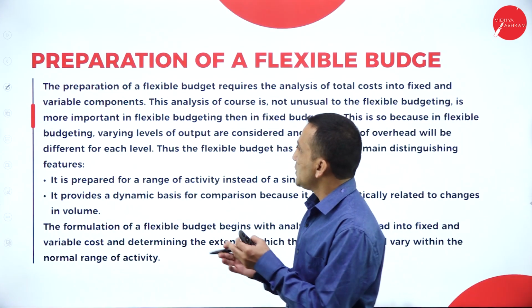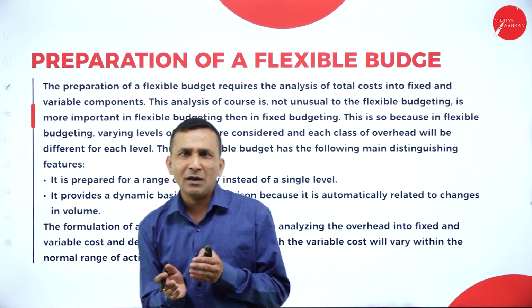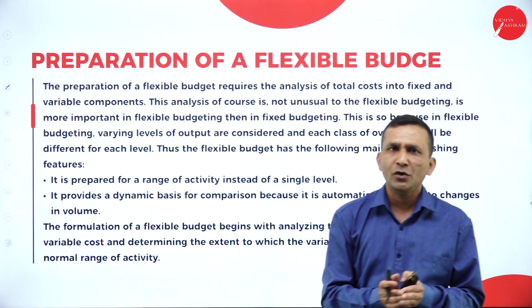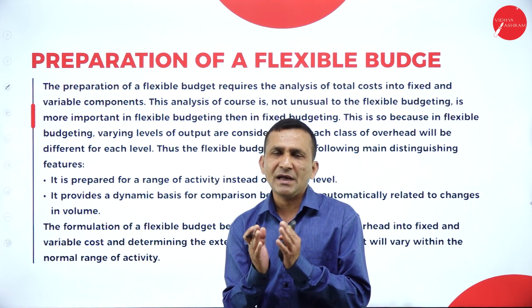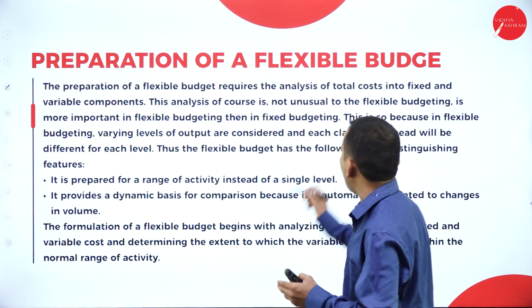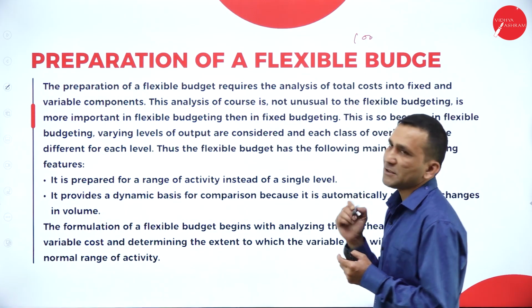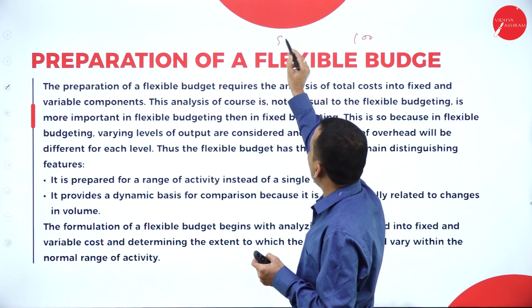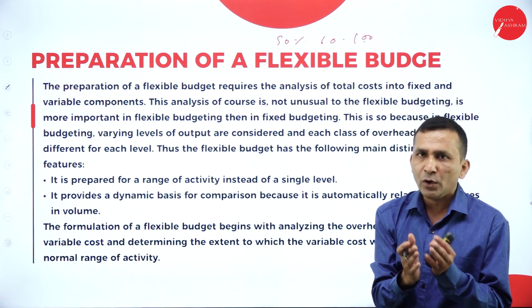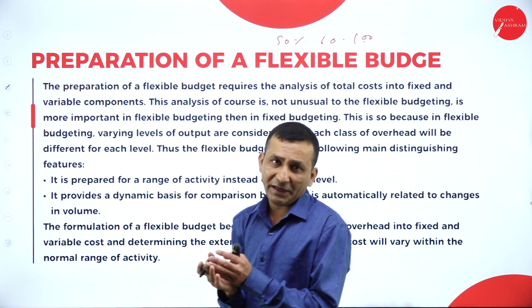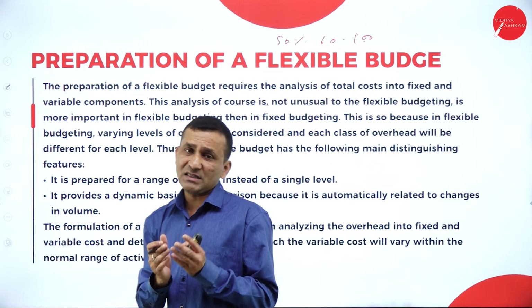Moving forward, at the time of preparing a flexible budget, you should keep this in mind. Fixed means a standard; with flexible, you can go to the lower side, for example, when you are expecting a result at 100%, you can set it at 50% or 60%. According to the situation, according to the predictions, you are preparing a flexible budget.